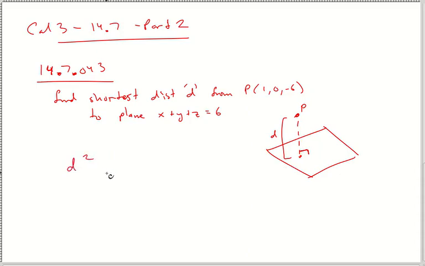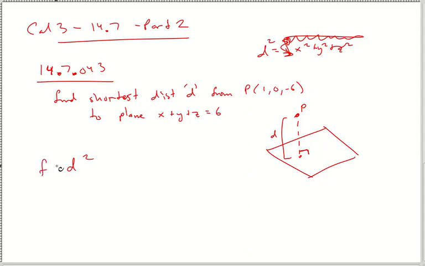And the reason why I'm using d squared instead is because it's just easier. Notice that if we had d, we'd have the square root of x squared, y squared, z squared, something similar like that. But if I had d squared, I don't have to have the square root, so when I start taking derivatives, it's much faster.